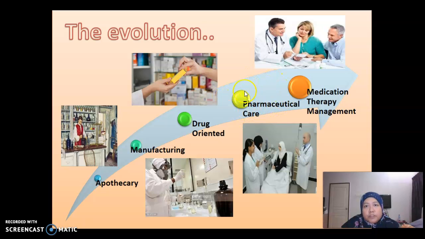But later on, when pharmaceutical care ideas came, we became part of the team. When we talk about pharmaceutical care, there must be a doctor, nurses, a physiotherapist, a pharmacist, and the patient must be there when we discuss the patient's treatment. Now it's not only pharmaceutical care, we put it as medication therapy management, where the pharmacist manages what happens to the patient after taking the medication.